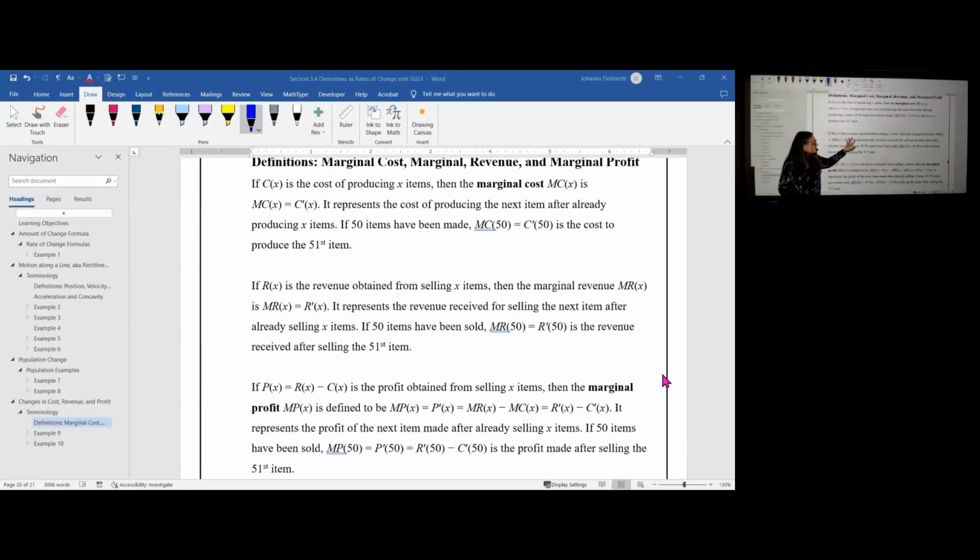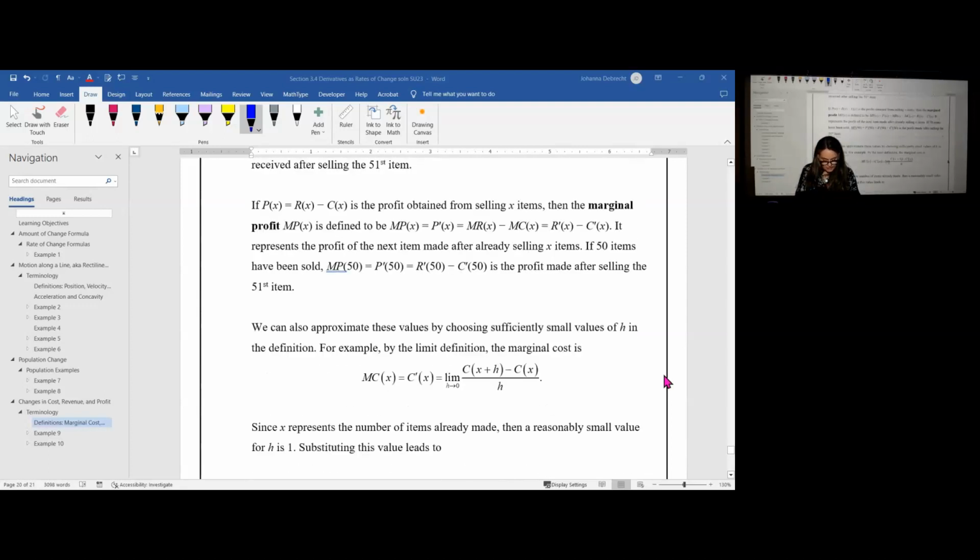When we look at revenue, the marginal revenue is the derivative of revenue, and it represents the revenue that you receive after selling the next item after having already made x items. If we've already sold 50, then the marginal revenue of 50 is the revenue received from selling the 51st. We have the same idea with profit.